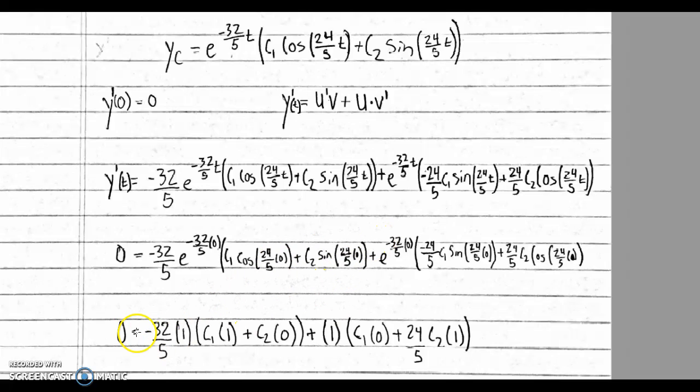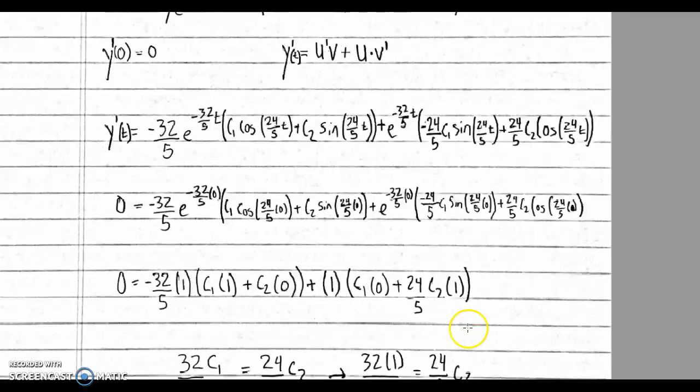Doing this, we find 0 is equal to negative 32 fifths times 1, because e to 0 is 1, times c1 times cosine of 24 fifths times 0, which gives us 1, and then this sine of 0 is just 0, so c2 times 0, plus 1 times c1 times 0, because the sine of 0 is 0, plus 24 over 5 c2 of 1, because the cosine of 0 is just 1.